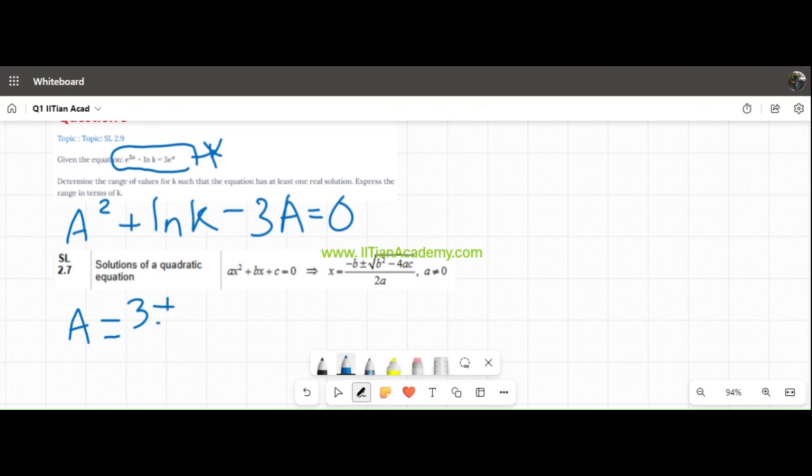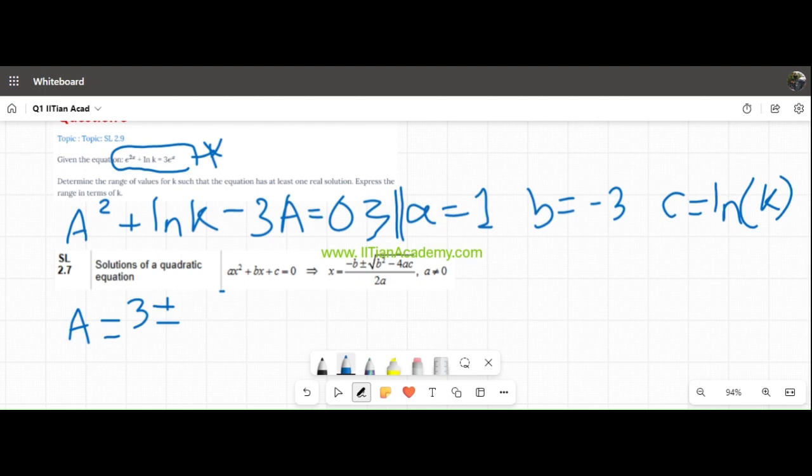Here, let me clarify this. So our term a will be in front of x squared, or a squared in our case. A is equal to 1, b is equal to negative 3, and c is equal to ln of k.